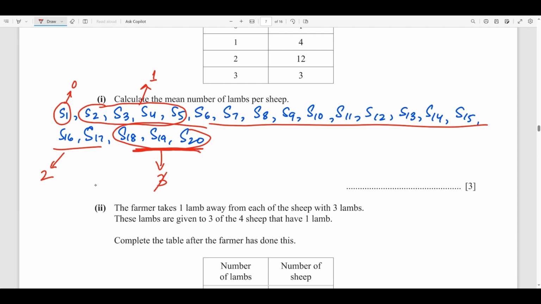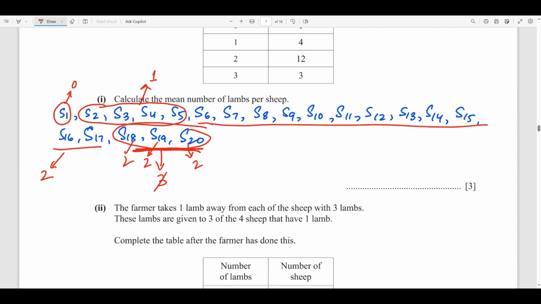One is taken away, so this has two, this has two, this has two. So notice that the category of two has increased. Now, when we've just taken away their lambs, you will see that there is an increment in the count of sheep that have two, to 15, like three more.